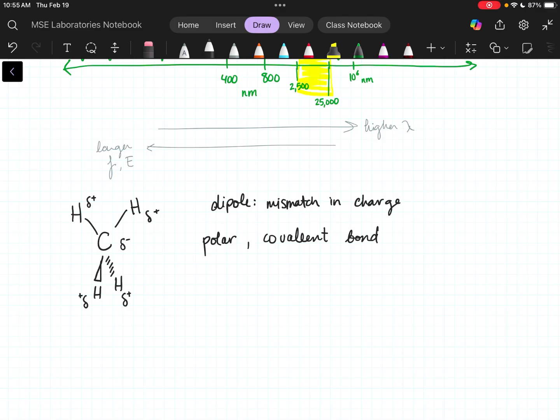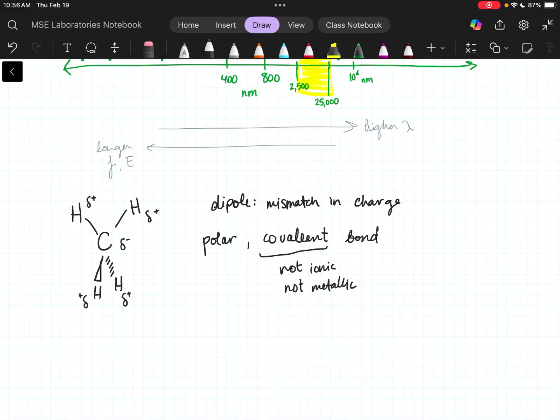And this is perfect for FTIR. So I have a polar covalent bond here. Polar meaning that some dipole does exist.